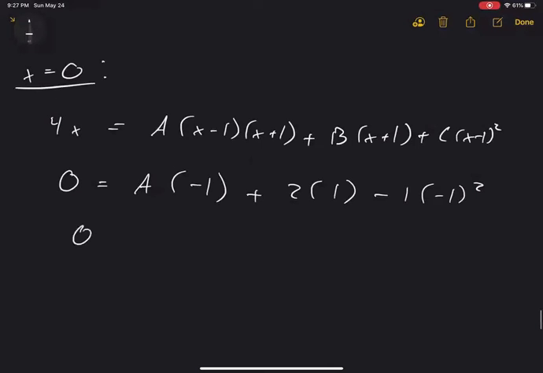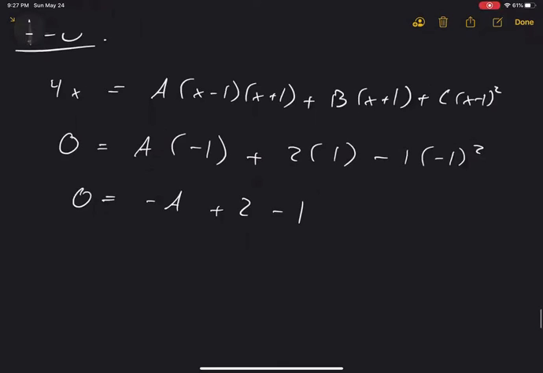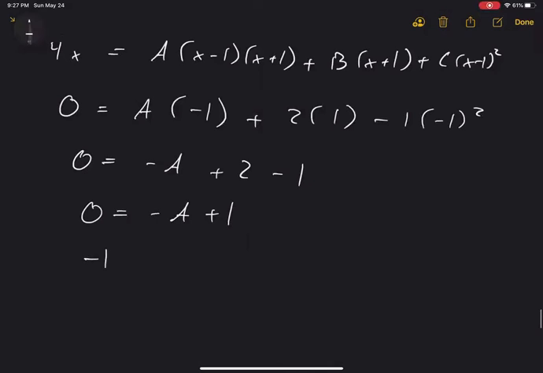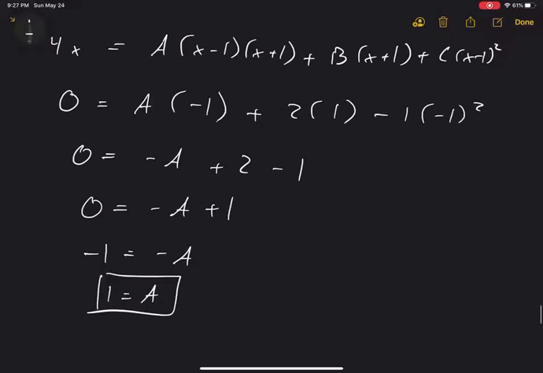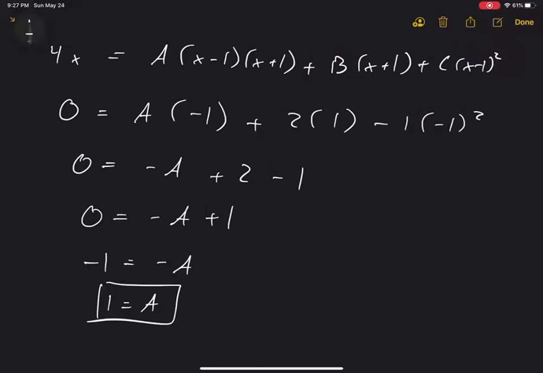So I have 0 equals negative a plus 2 minus 1. So 0 equals negative a plus 1. So negative 1 equals negative a, and so 1 equals a. All right, so a little trick to help us solve for these constants if we're using method 2.